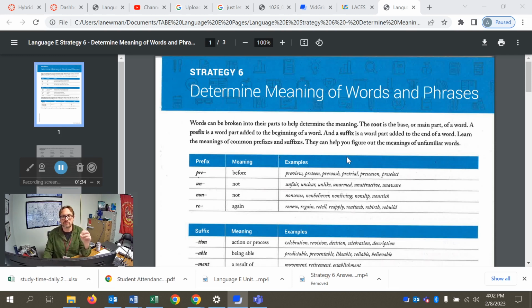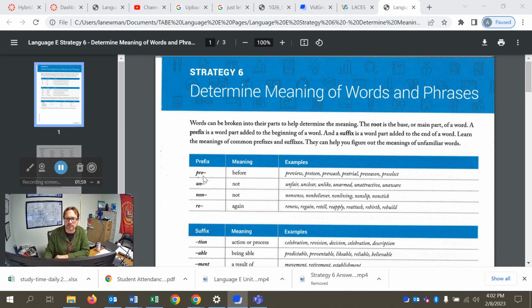Actually, the prefix pre means before, so that's why we know that a prefix is added to the beginning of a word. We are affixing that to the beginning. A suffix, the opposite, is a word part added to the end of a word. Learn the meanings of common prefixes and suffixes. That's what we're about to do. They can help you figure out the meanings of unfamiliar words.